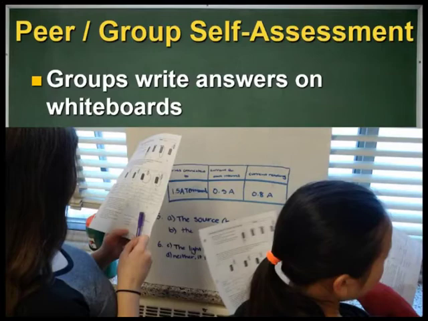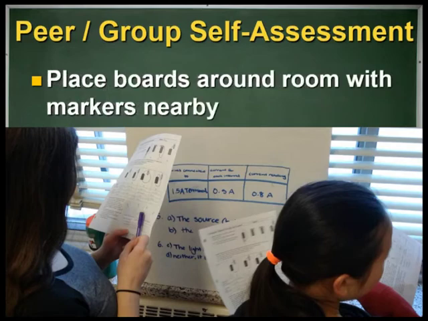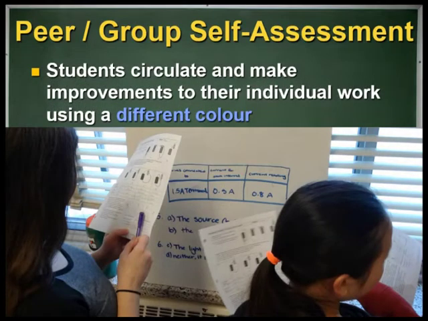Another great way for self-assessment is a peer group self-assessment. So in this model, groups write their answers to some tasks on whiteboards. And then they place these whiteboards around the room with a marker beside each. Students pick up their worksheets, and then they go around to the individual whiteboards and take a look, compare their work with what they see, and on their own page, again, make those corrections or improvements using a different color.